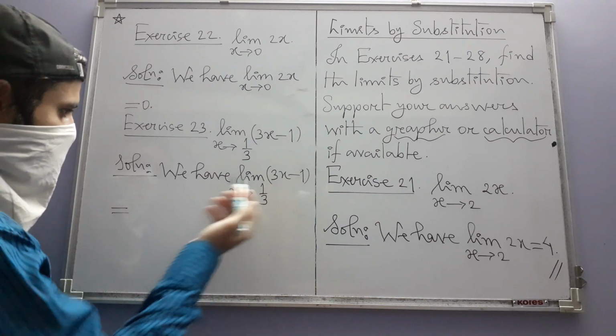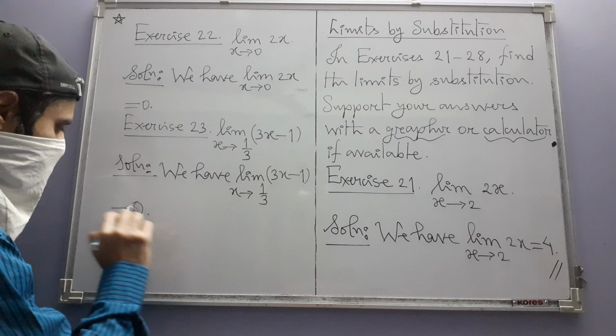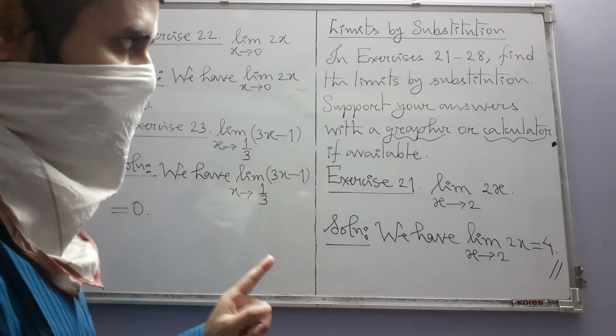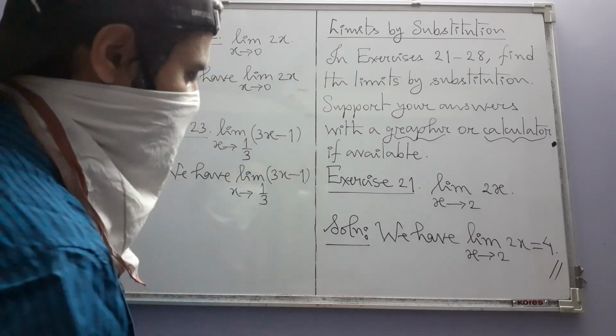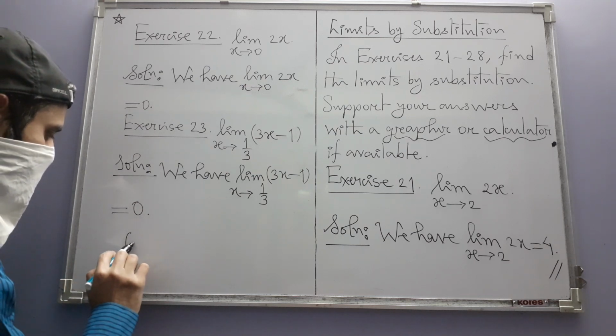So if you just simply substitute x equal to 1 over 3, you get 0.